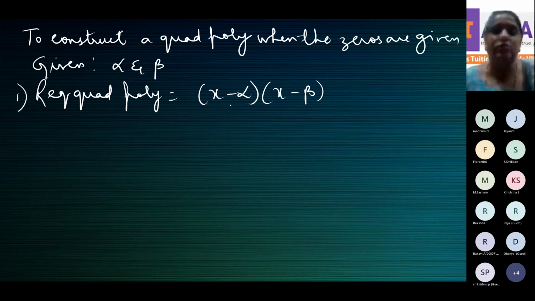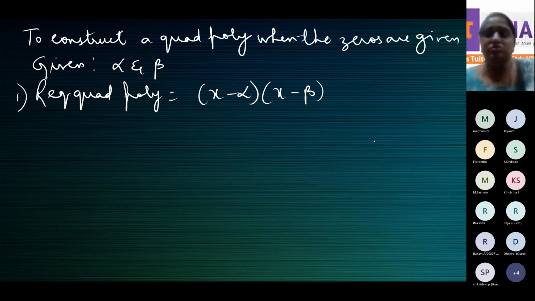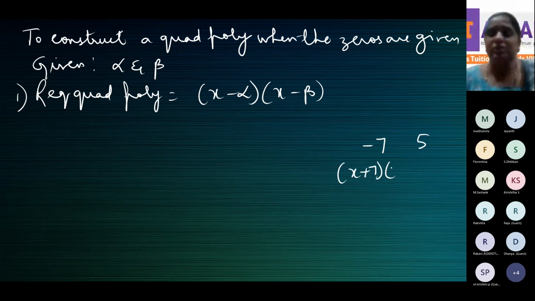The product of the two factors will give you the quadratic polynomial: x minus alpha into x minus beta. So supposing the zeros are minus 7 and 5, the product is x plus 7 into x minus 5.